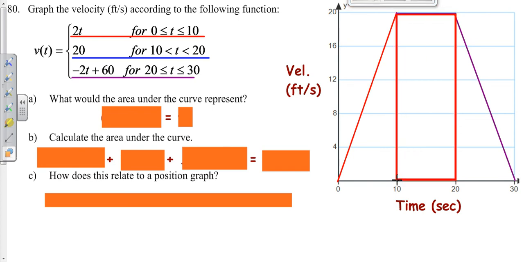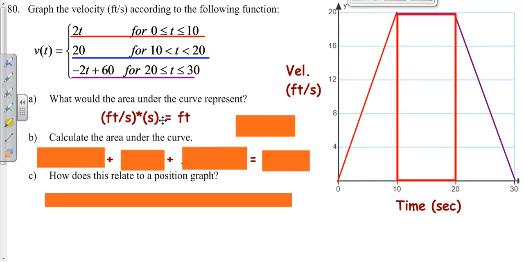Now if you did think of just the middle rectangle, to find the area of that rectangle, you'd have to take your height, which is in feet per second, multiply it by your width, which is in seconds, and we get feet because you're dividing by seconds and then multiplying by seconds. In other words, the area underneath your curve represents distance because feet is the units for distance.